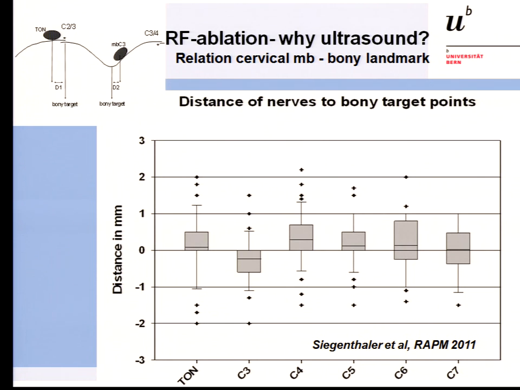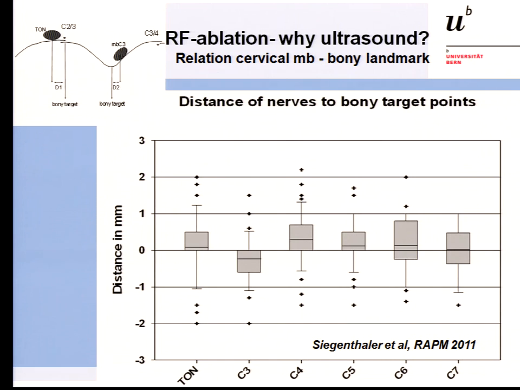With the fluoroscopy, we want to have the nerve down here at the deepest point, or in the special case of the C2-3 articulation, where the third occipital nerve is crossing on top of the articulation.